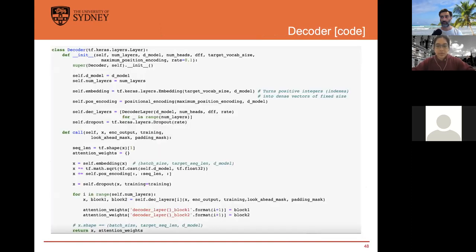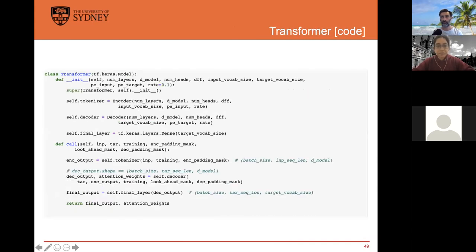Again, the decoder code is compiled here. You have the decoder embedding, positional encoding, the decoder layer, followed by a dropout layer. This is again the code reference compiling the encoder, decoder, and the final layer. Yeah, so that's the entire network.